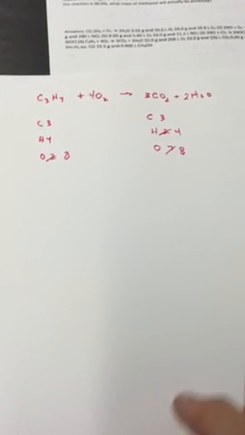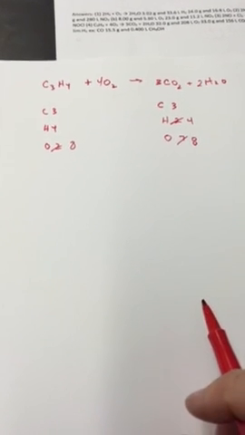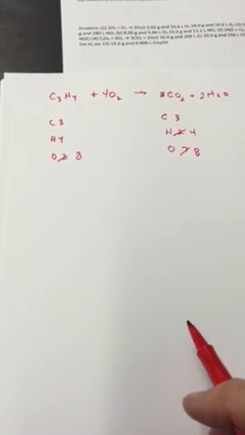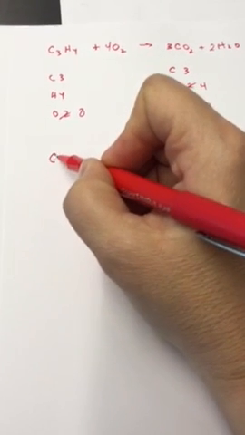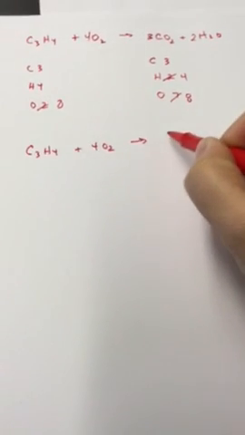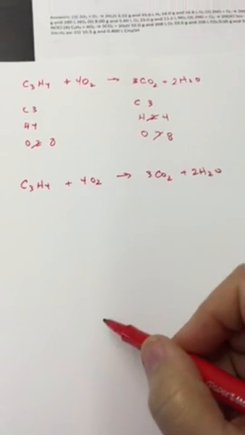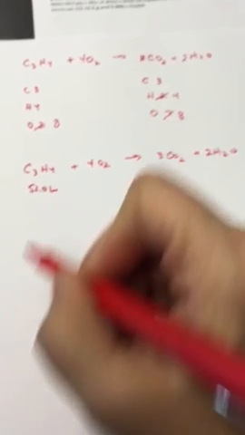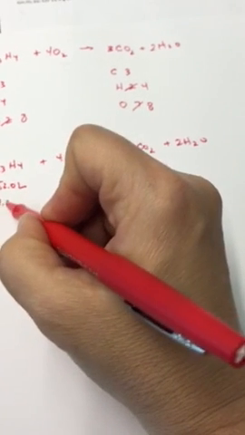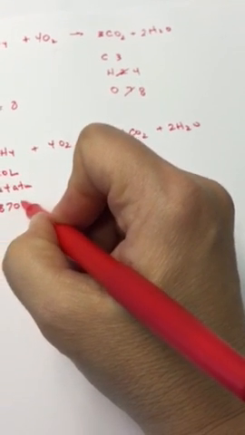Next, I'm going to see what the problem asks. We have 52.0 liters of propyne. So I'm going to rewrite the balanced equation here. So 52.0 liters of propyne at 1.24 atmosphere and 2870 degrees Celsius.